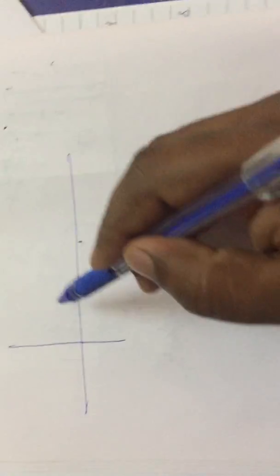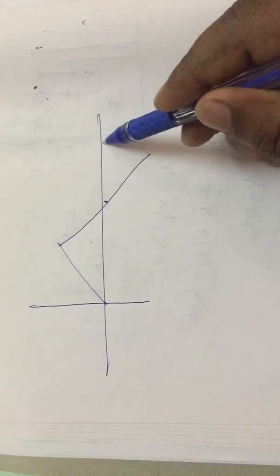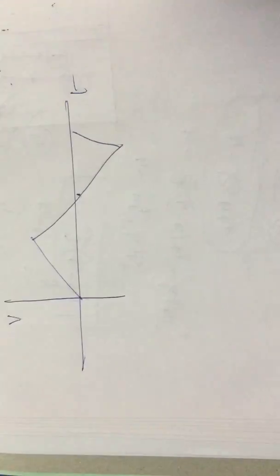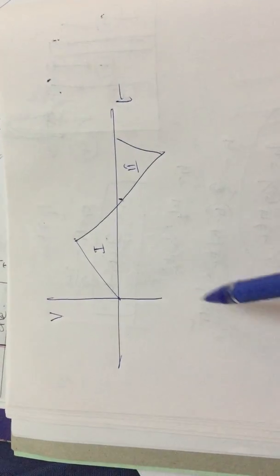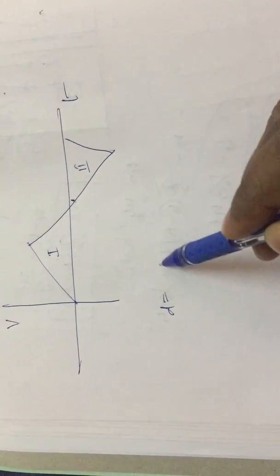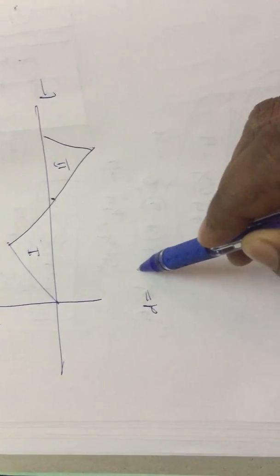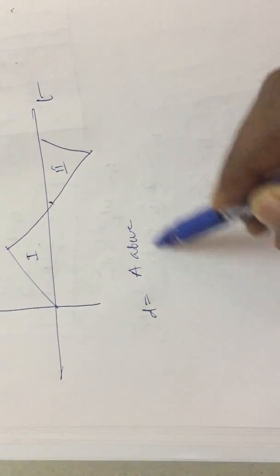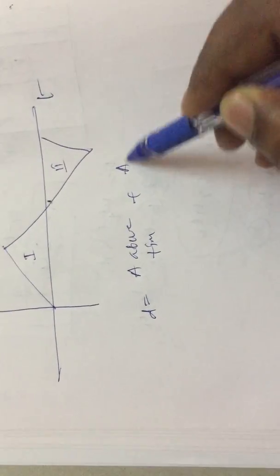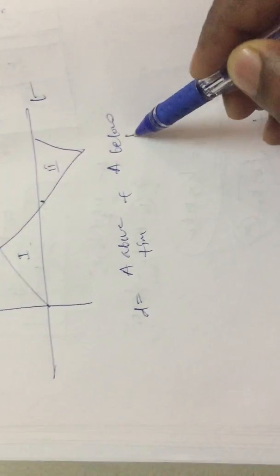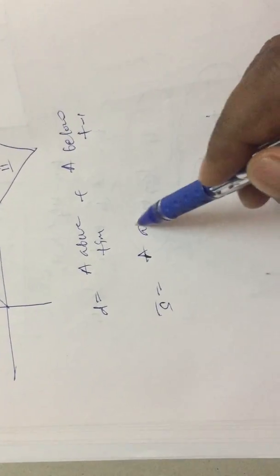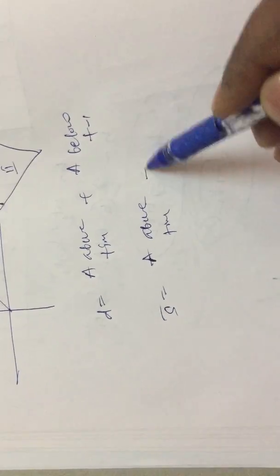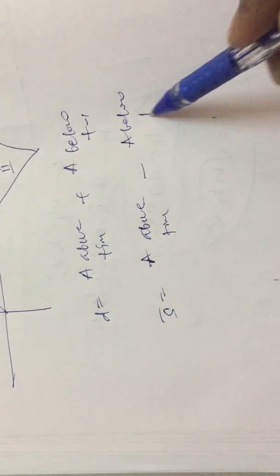There is one particular question. We have a velocity graph here, the vt graph. In this velocity graph, this is figure 1, this is figure 2. If they ask you to find distance, it is the area above the time axis plus the area below the time axis. But displacement depends on direction: area above the time axis minus area below the time axis.